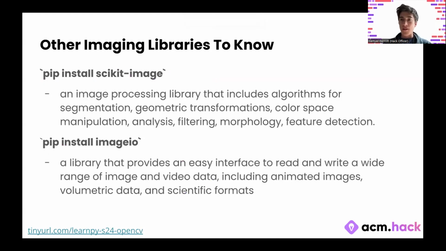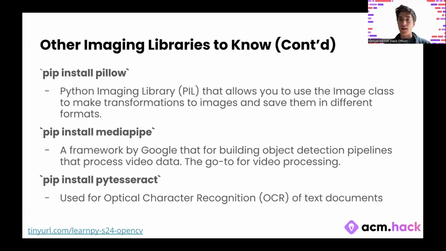Cool. Before we jump into what facial detection is, if you're doing facial detection in computer vision, some good libraries to know besides OpenCV are scikit-image, also known as skimage, as well as imageio. These are used to do image transformations like we saw. Pillow is another imaging library.